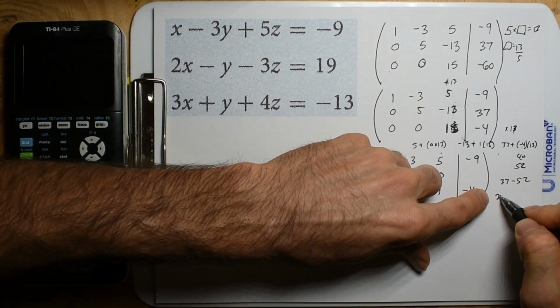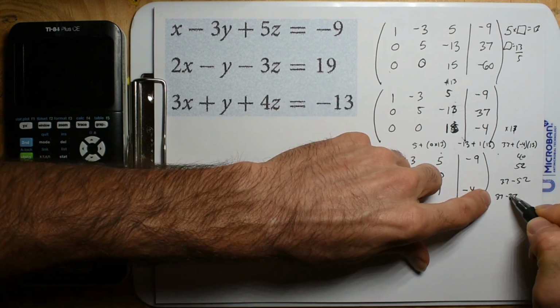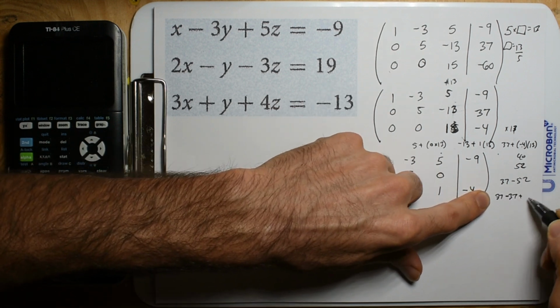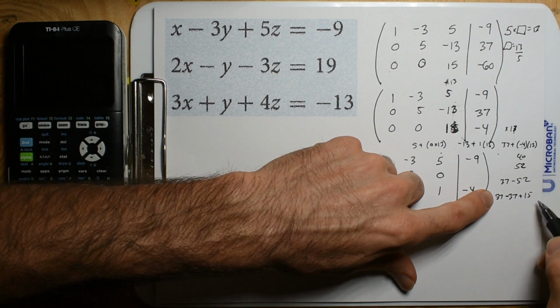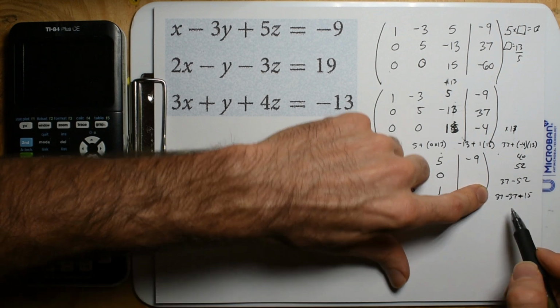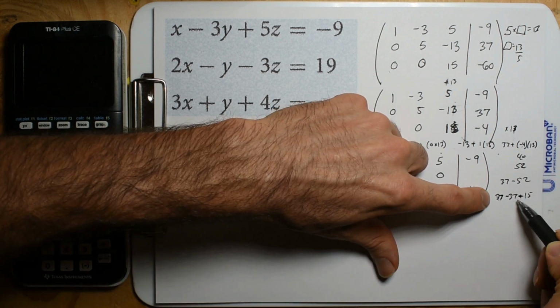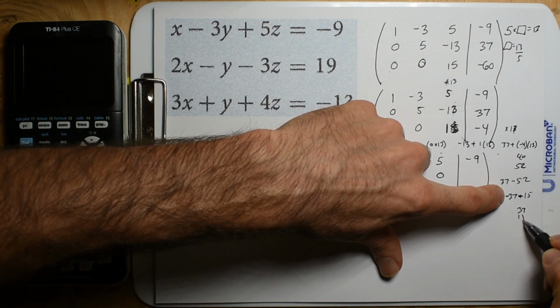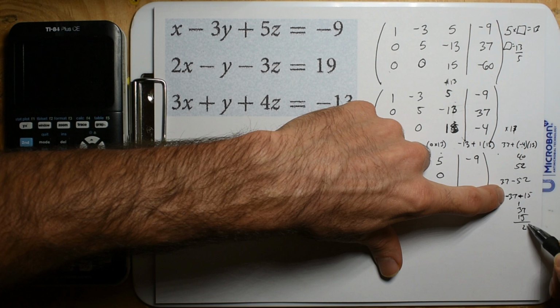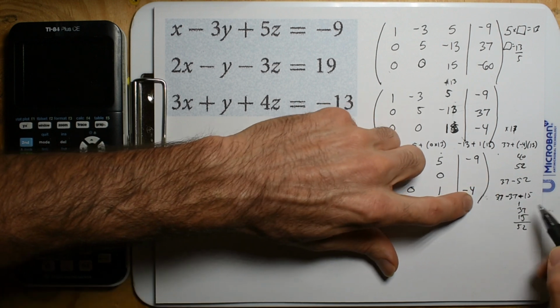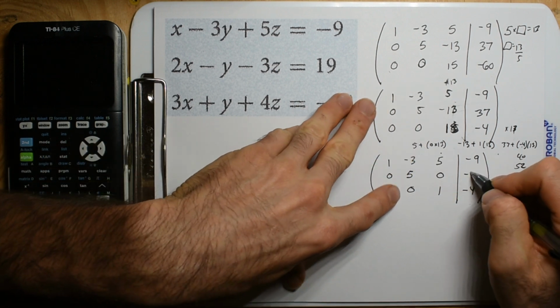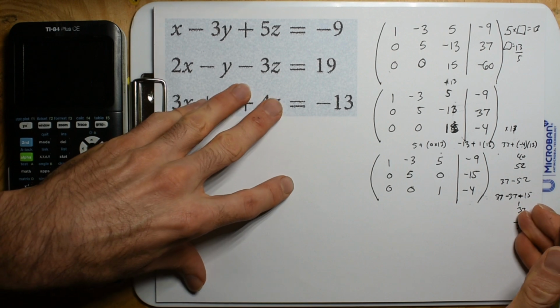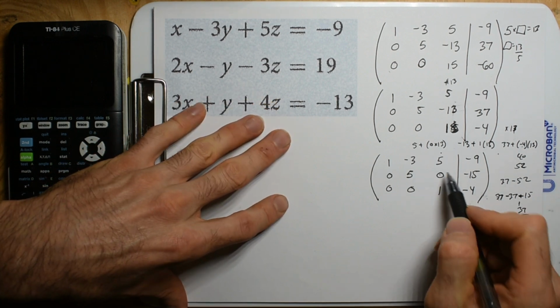So we're going to have 37 minus 37, and then plus, I forget this one. Is it 15? So 37 minus 37 minus 15, because minus 37 minus 15 is 52. Cool. So we're going to have minus 15 here. Heck yeah, we got a 0 there.